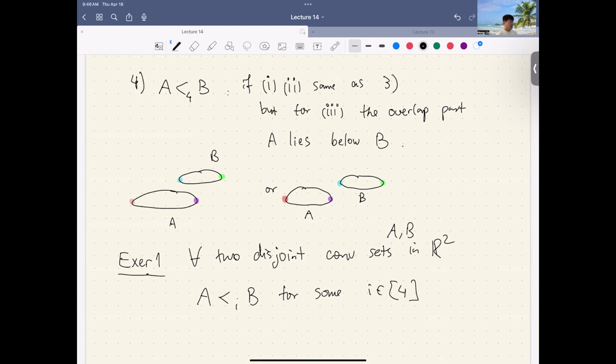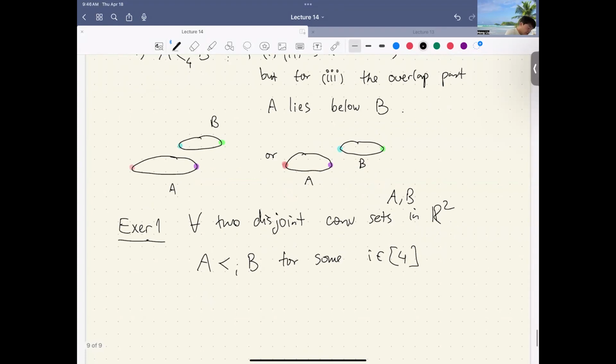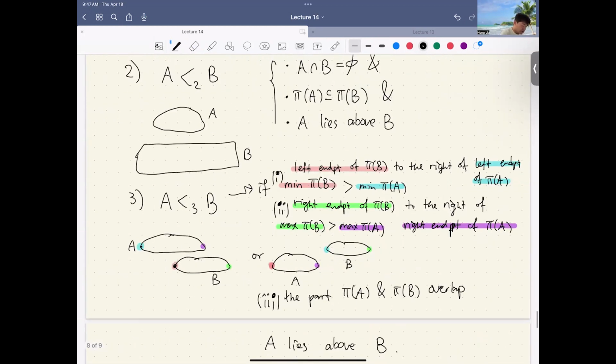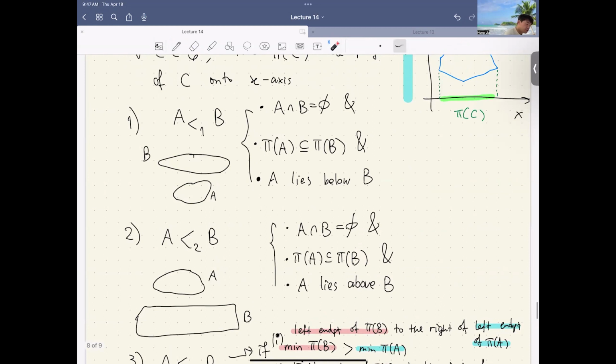Second thing is that all 4 posets are indeed posets. They are transitive. Exercise 2. So it defines a poset. So let me just quickly explain one. Let's look at, for example, the first one, simplest one.